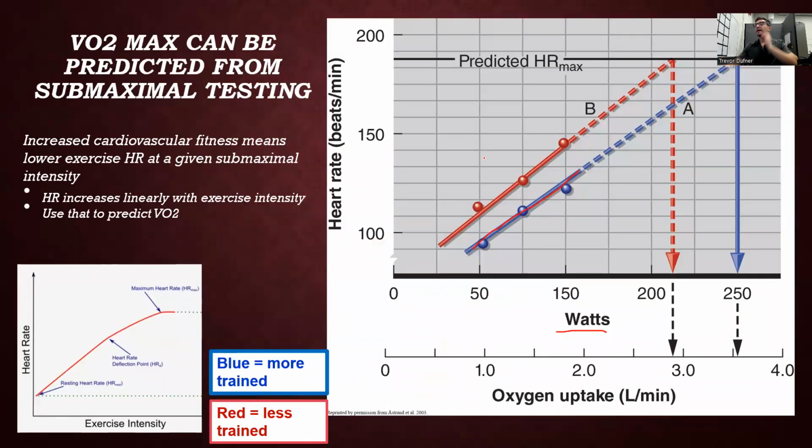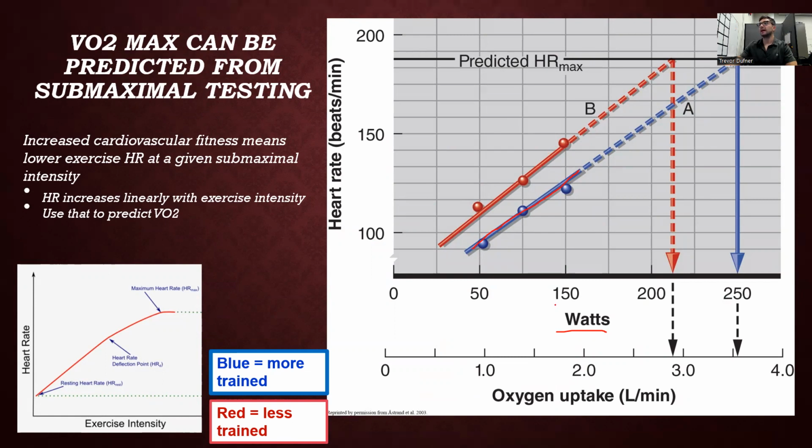And so for individual A here, who is more trained, at any given work output their heart rate is lower. So it will take them longer to reach their heart rate max than an untrained person would. Therefore, they can work at a higher work rate at their heart rate max than somebody who is untrained. This untrained person at any given work rate needs a higher heartbeat to maintain that work rate.